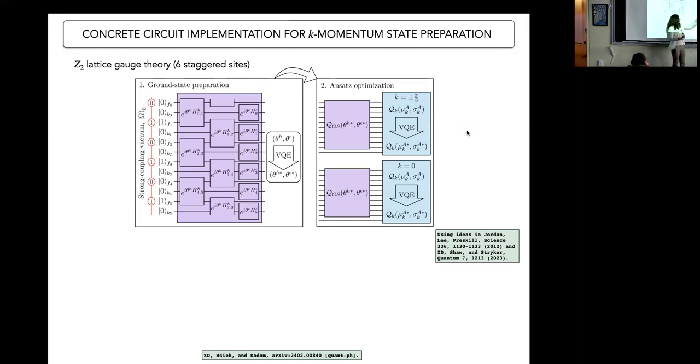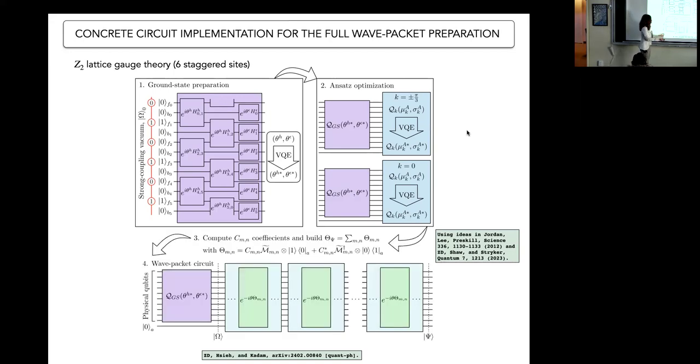Once those parameters are optimized, you can perform another VQE. That's a nice part about this algorithm, because in each momentum sector, the excitations are the lowest energy excitations. And these ansatz would actually take you from the vacuum to that sector because of the quantum numbers. So you can implement another layer of VQE to do the optimizations again and again.